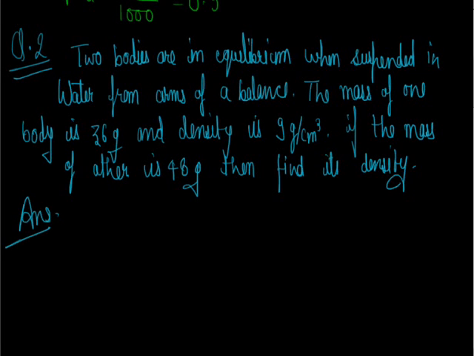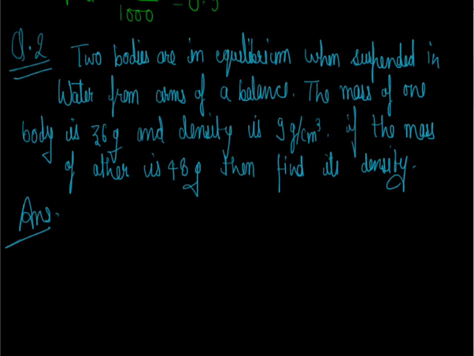Solution. It is given two bodies are in equilibrium when suspended in water from arms of a balance. The mass of one body is 36 gram and its density is 9 gram per centimeter cube. If the mass of the other is 48 gram, then find its density. Since they are in balance, the net force will be 0.